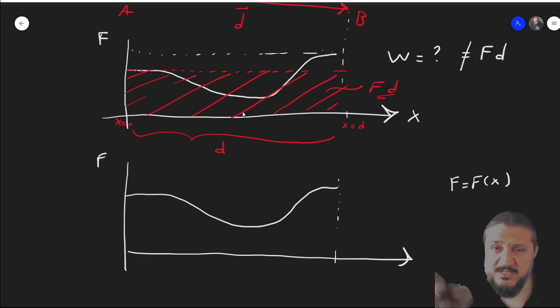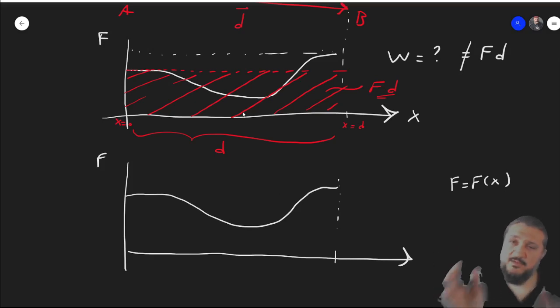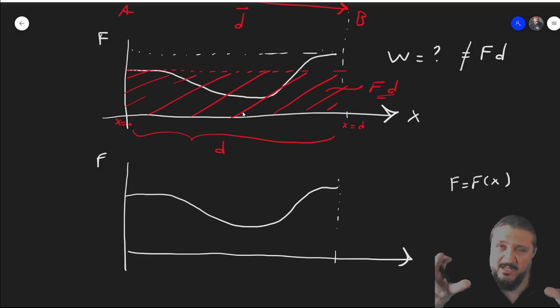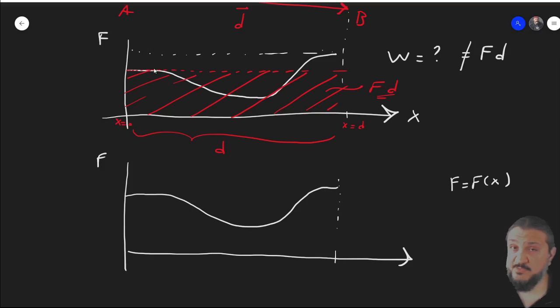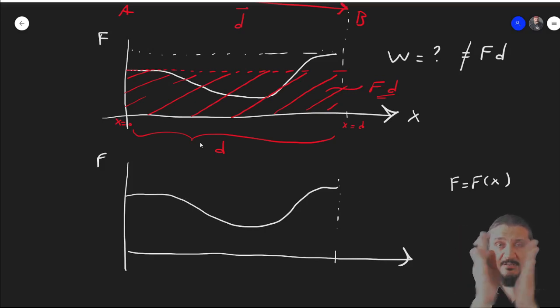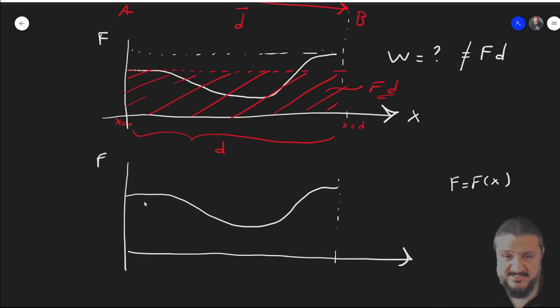But the point is, can we use this idea of rectangular areas to find the actual work for this problem? If the force was constant, we know the area FD is work. Then what we do is look at very short increments in x. Let's start right here. If you go from here to there, a very short interval of delta x.